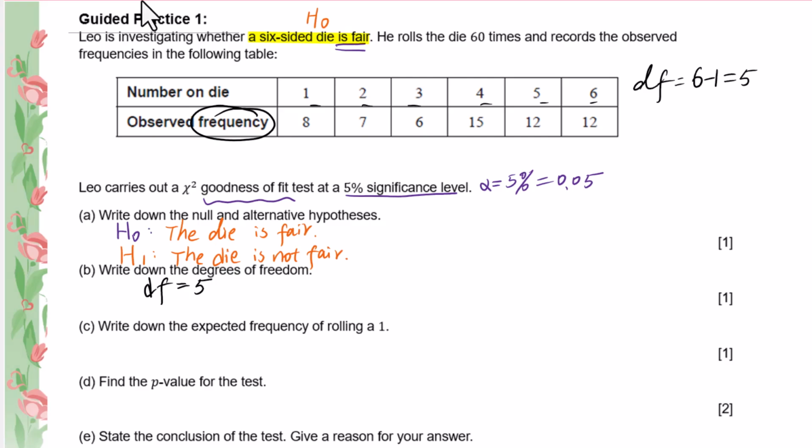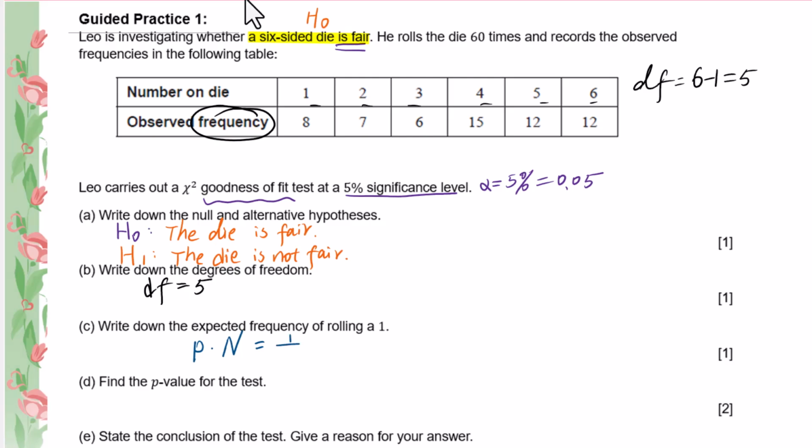The die is fair means every single number on the die has the same probability of showing up on the top. So expected frequency equals p times n.